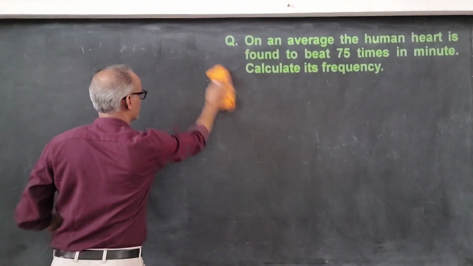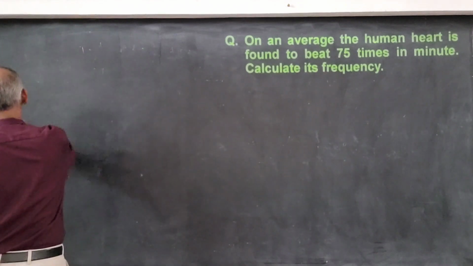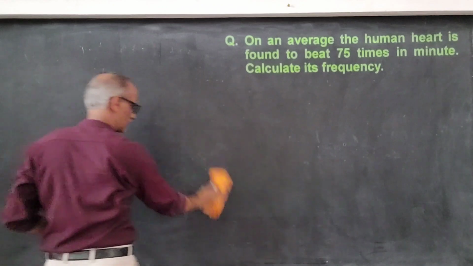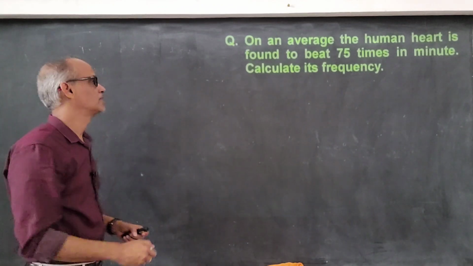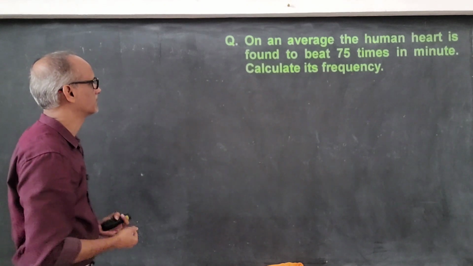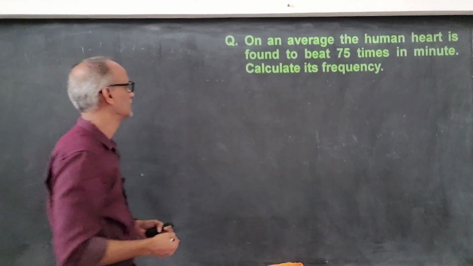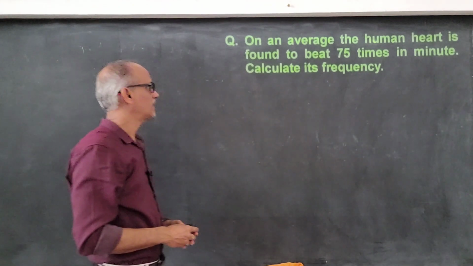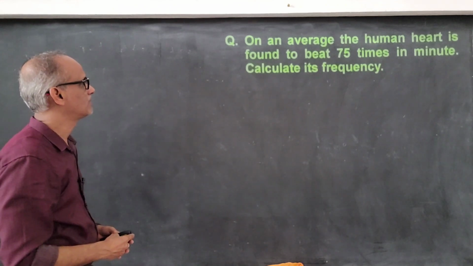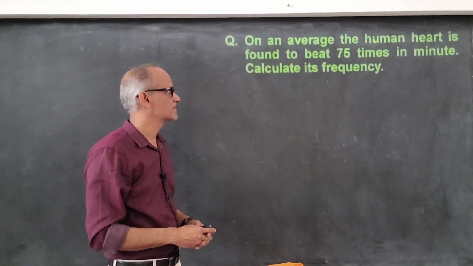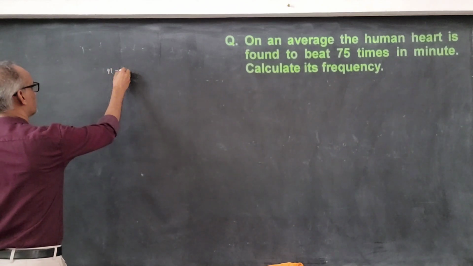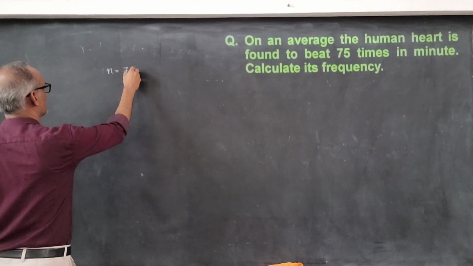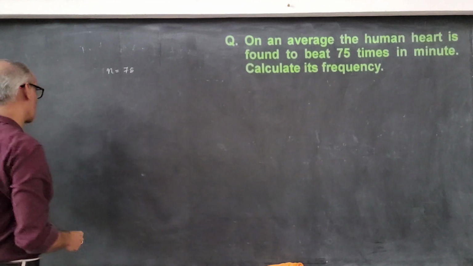We have a few easy numericals that have appeared in the model paper. We will solve them easy and simple, one by one. If a calculator is required, we will use it, otherwise we will try to calculate manually. Now, on average, the human heart is found to beat 75 times in a minute. So, the number of times the heart is going to beat is N equal to 75, in a time of 60 seconds. Calculate its frequency.